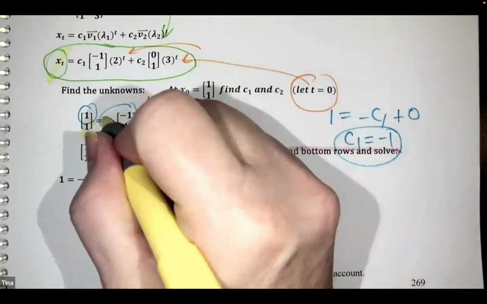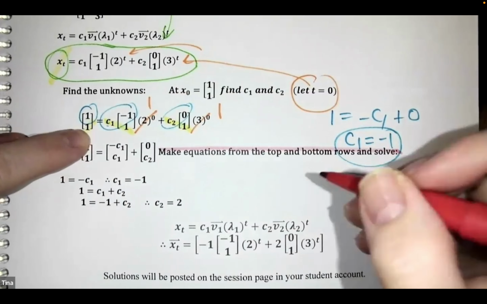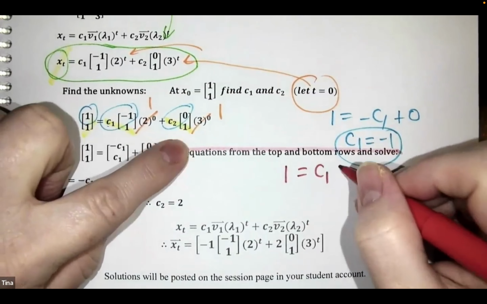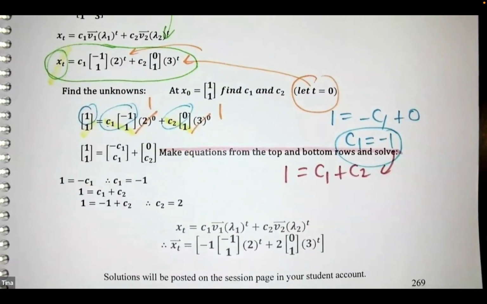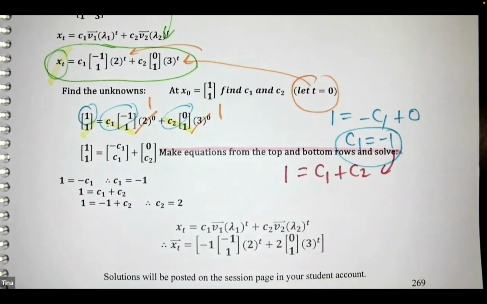Similarly, for the bottom, it's everything times the bottom. So 1 on the bottom equals C1 times 1, which is C1, plus C2 times 1. And then you can sub in. If you want to write out this step in between, go ahead, but I usually just do top and bottom.